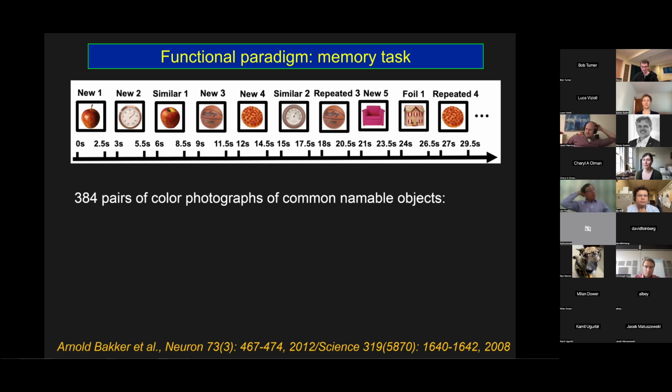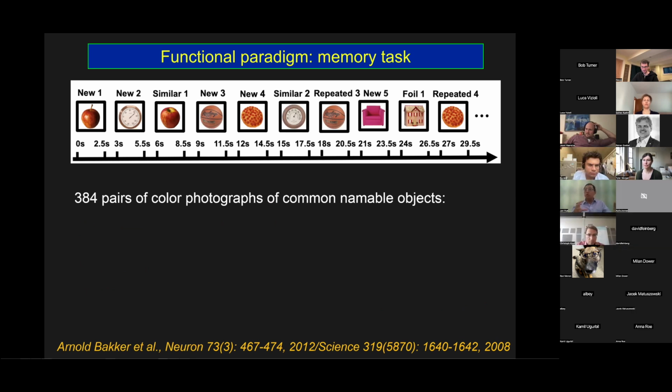Next, this is the task we designed. This is really from years of work from Arnold's group, because we want to look at encoding versus retrieval of information. So this is a memory task they've been using. Basically, the subject is presented with a picture every 3 seconds.